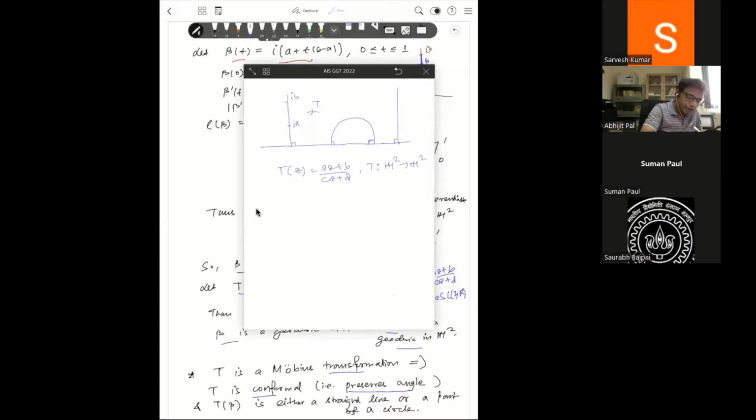If I take z to be a real number also, then T of z is again a real number. So you can extend this map to H2 union R.